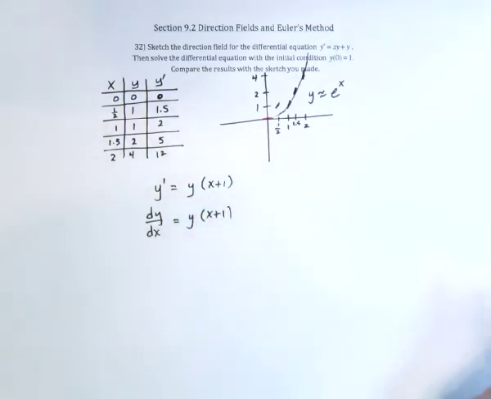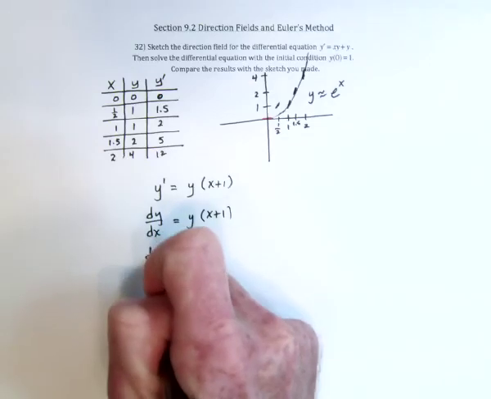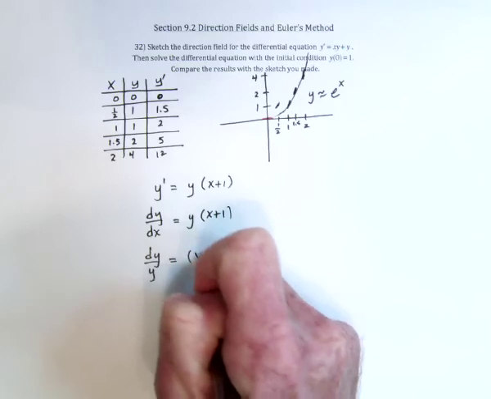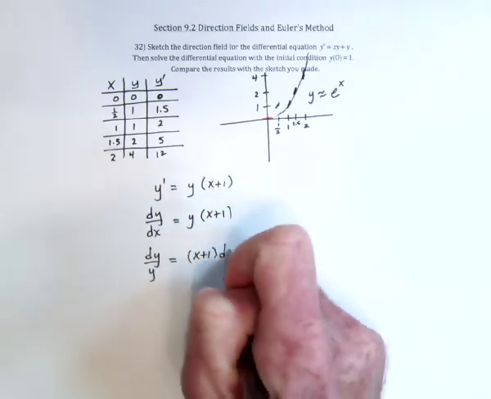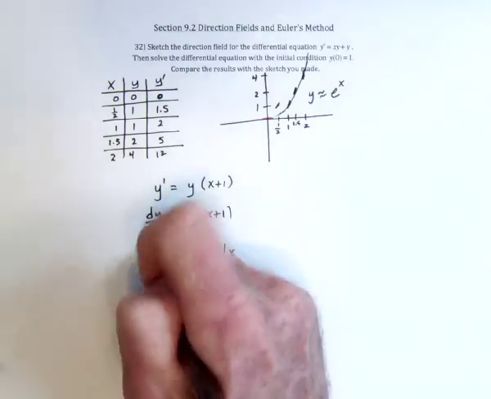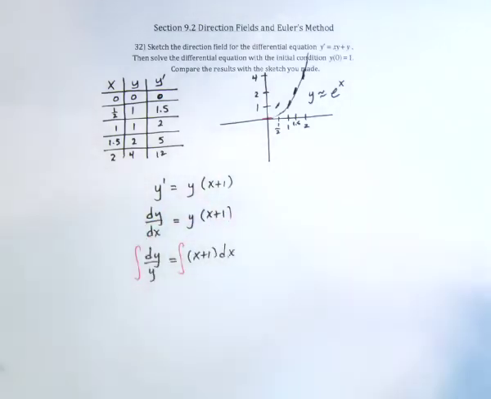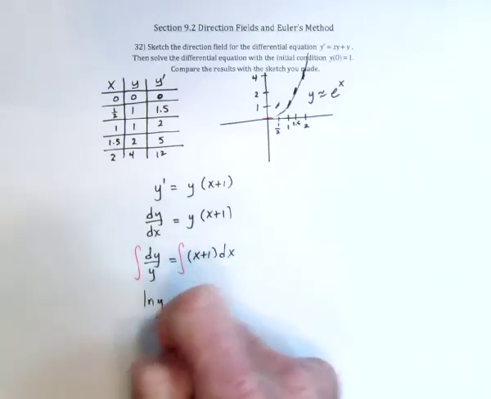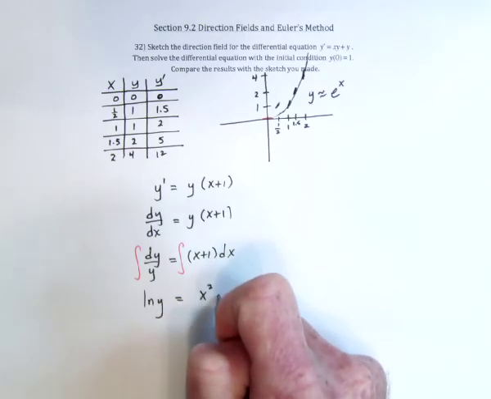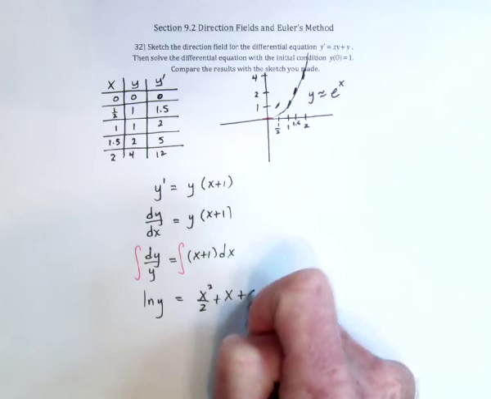Divide both sides by y. The left side will be dy over y. The right side will be x plus 1 dx. Now that the variables are separated, integrate and integrate. The left side is natural log of y. The right side is x squared over 2 plus an x plus some constant.